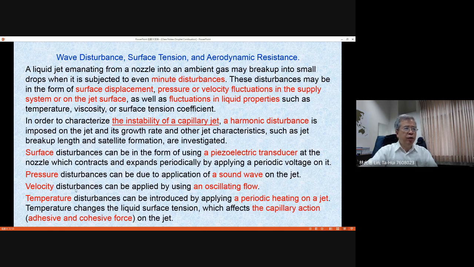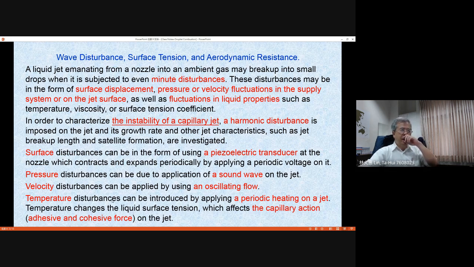For velocity fluctuation, you can change your flow rate from the beginning using an oscillating flow. For temperature disturbance, you can control periodical heating on a jet. Also you can try to change the liquid properties, for example, the liquid surface tension by changing the temperature.